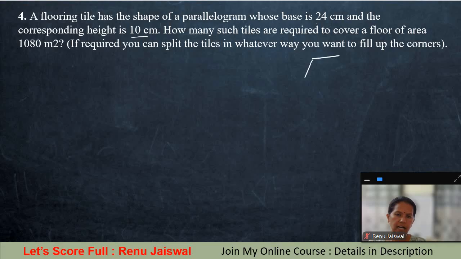It means the tiles are in the shape of a parallelogram, something like this, and the base is 24 and its corresponding height. In the first lecture I explained what corresponding height is. It means for the base you are taking, the height has to be from the opposite vertex. You cannot take the height from here. You have to take the same height the base is given for.